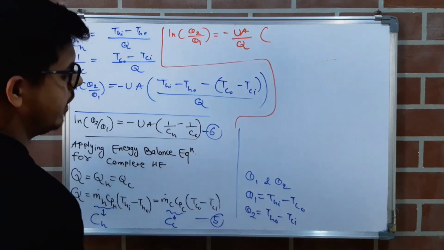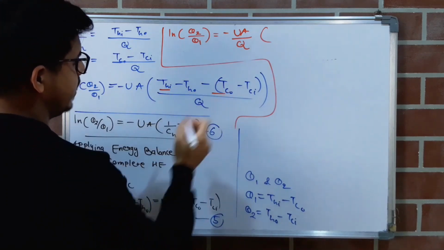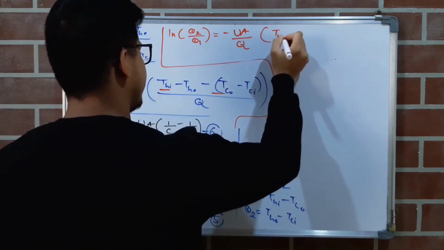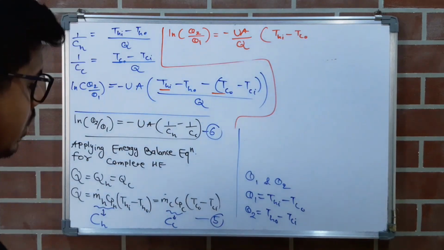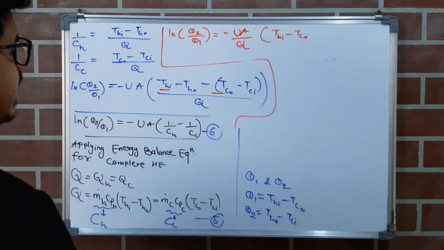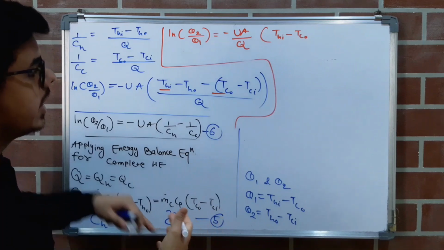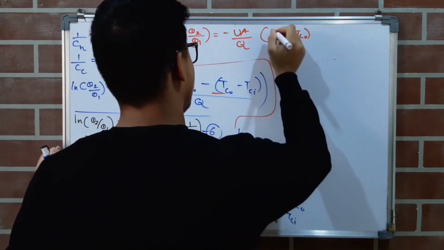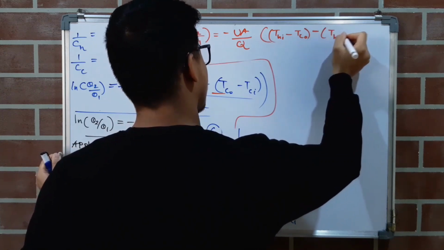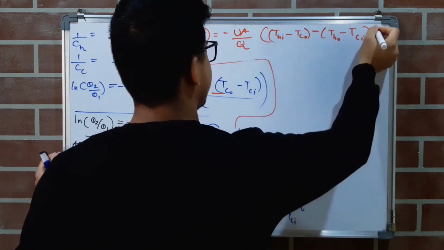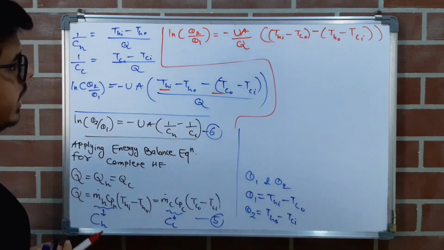For theta 1 it is Thi minus Tco, so we have Thi and minus Tco, and we will bring these together. Now what about theta 2? We have Tho minus Tci. Here we have Tci minus Tho, so we will bring the minus sign out, so minus (Tho minus Tci). Now check, is it correct?